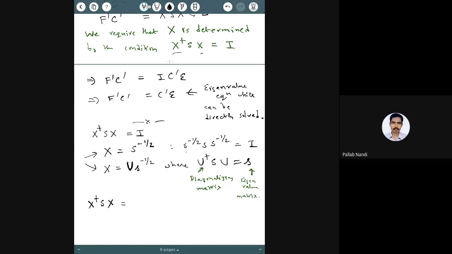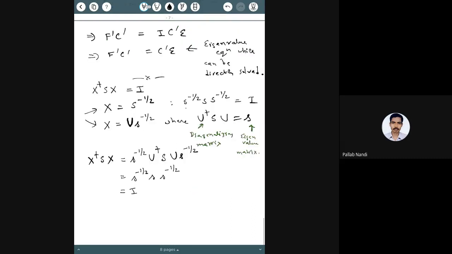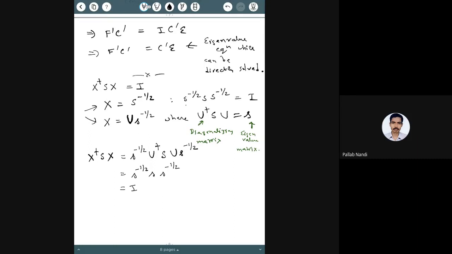X dagger is then s to the power minus half U dagger, and you have S, and then X is U s to the power minus half. U dagger SU is small s, so this is also I. So both the choices satisfy the condition that we need. Now we have to decide which one is better.